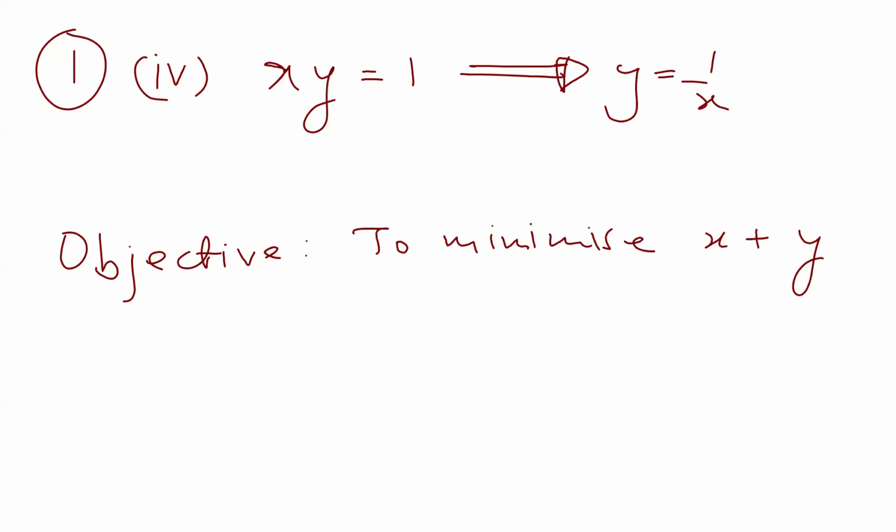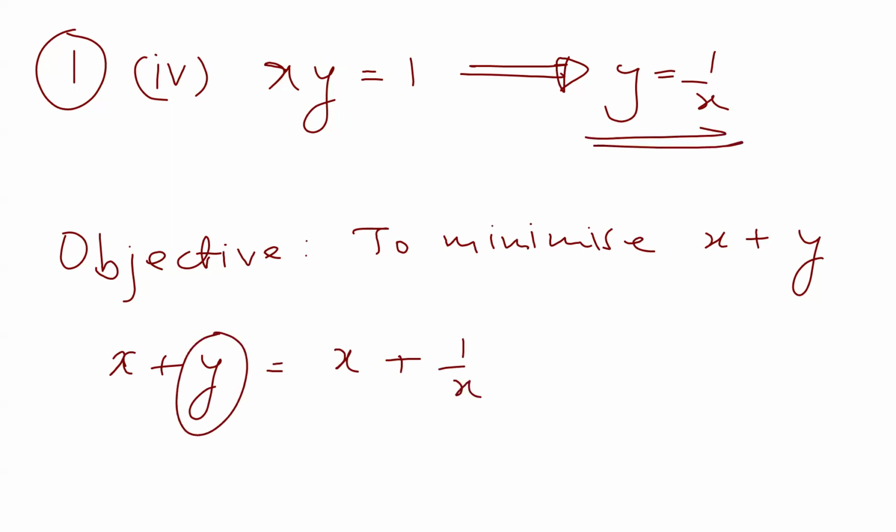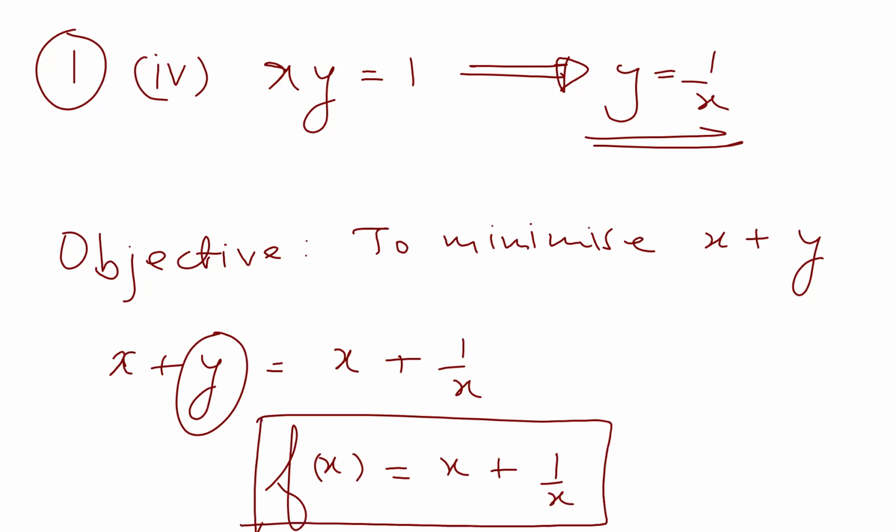Since we have to minimize x plus y, which is given in the problem, first we'll find the value of x plus y. That is x plus 1 upon x. Replace the value of y with 1 upon x. So f of x is equal to x plus 1 upon x.